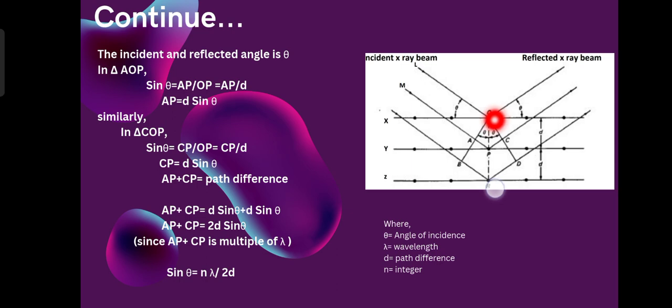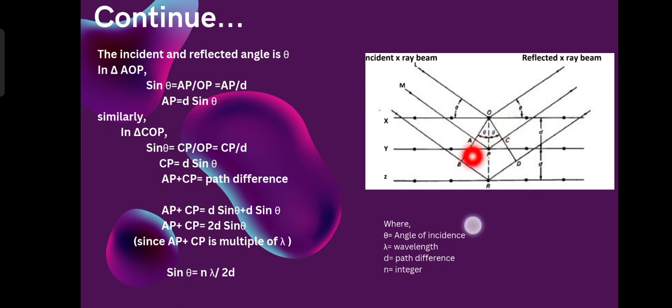So let's see the equation of Bragg's law. Here the incident and the reflected angle is referred to as theta. Okay, this is theta. Incident and reflected angle is referred to as theta.